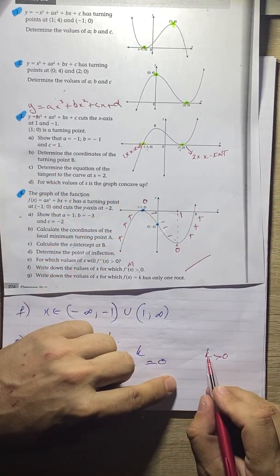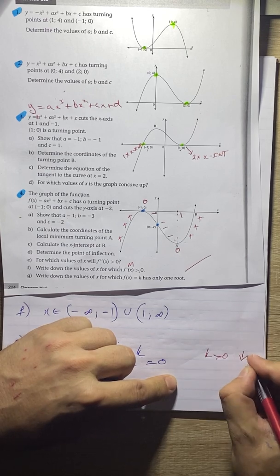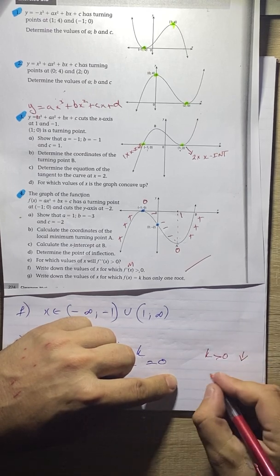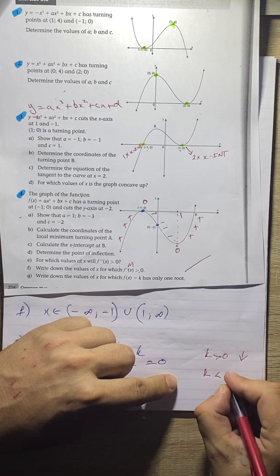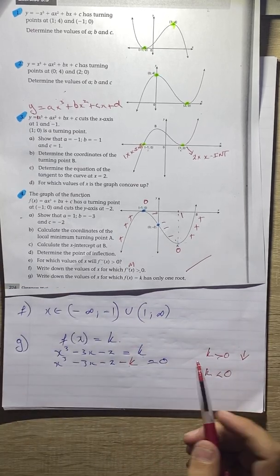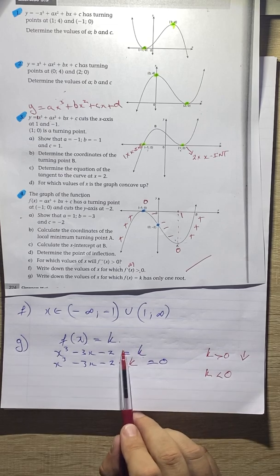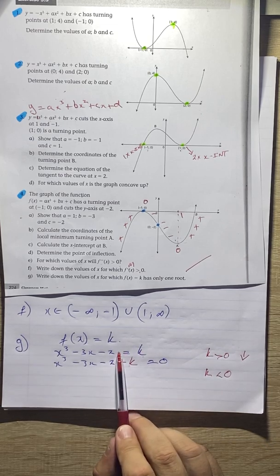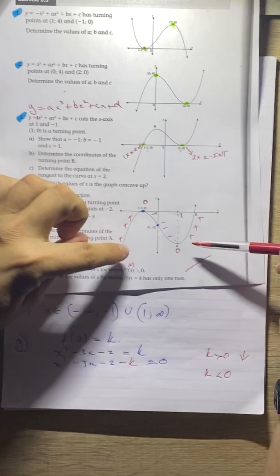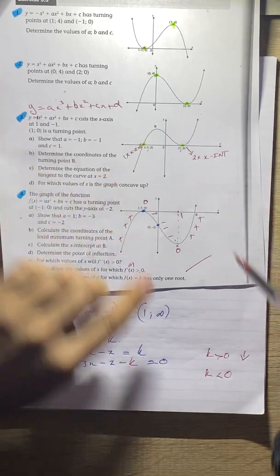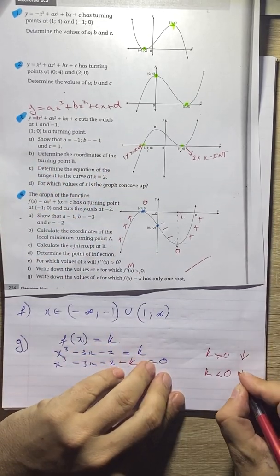So if k is positive, we're moving the graph down. If k is negative, let's just say minus 3, and I take minus 3 to the other side, it becomes plus 3. So we're moving the graph up by 3 units. Okay, so that is a shift up.